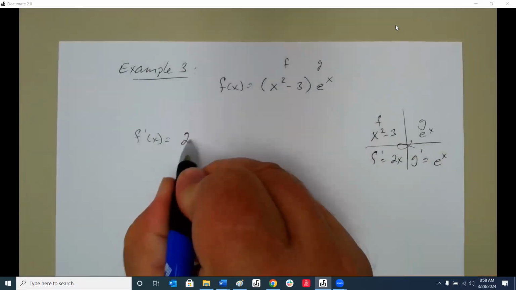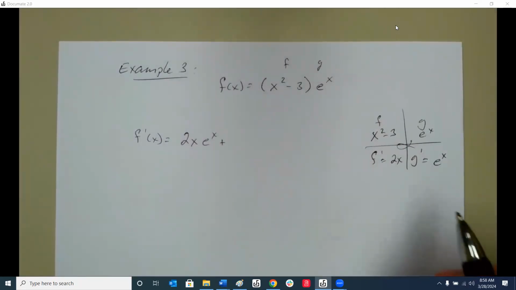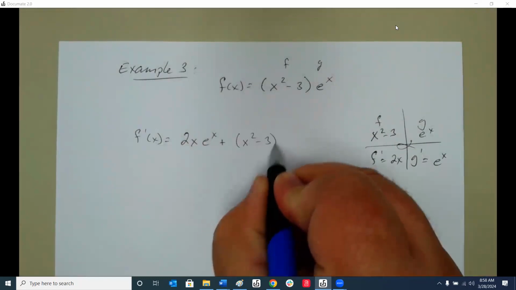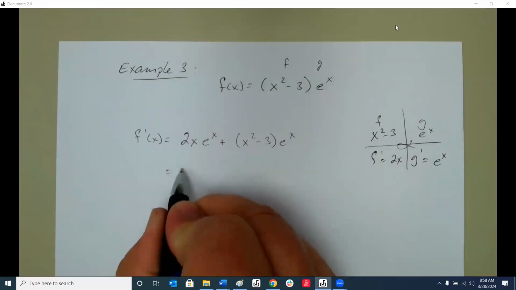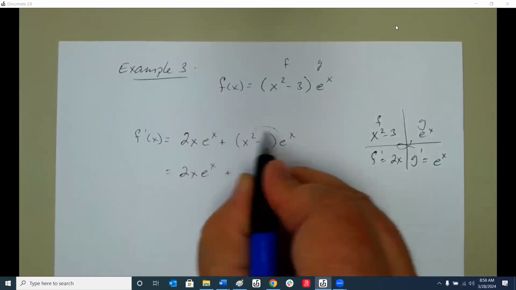So it's going to be 2x e to the x plus x squared minus 3 e to the x. Distribute that.